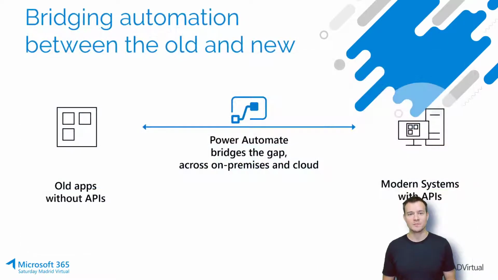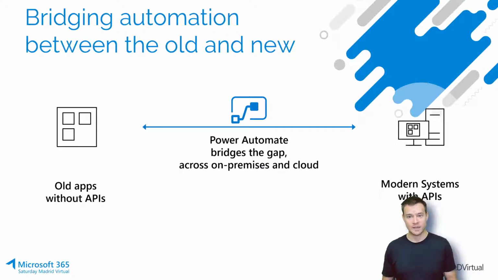When thinking about Power Automate and RPA, we can say this is a solution that helps us bridge the gap between modern SaaS software, with all its fancy endpoints that we can query, read from and write to, and old legacy applications without any kind of API, not even SOAP or REST, that we could use to integrate them into our processes.